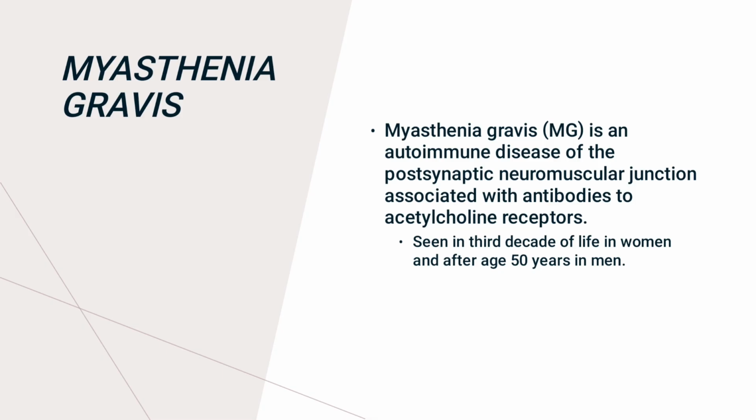So autoimmune disease runs in the family. So always, especially in exams, when you have a vignette where they have an autoimmune disease, they have a high probability of having another one. Okay, and it's usually seen in the third decade in women and older in men, seen more in women.